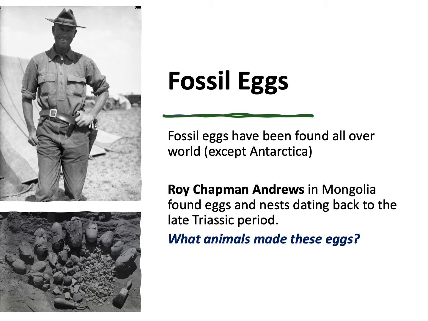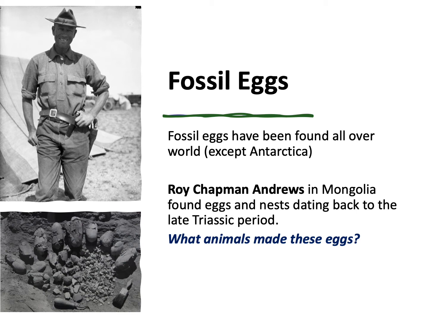And one thing I do want to shout out to is Roy Chapman Andrews, who was a self-proclaimed adventurer. He was a director of the American Museum of Natural History, and he used to do these big trips into Mongolia and in other parts in China and even Russia. And his big paleontological discovery was finding eggs and nests that dated back to the late Triassic period, and these eggs were pretty large.